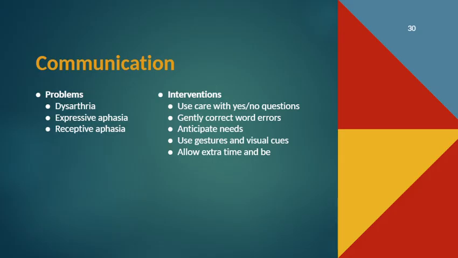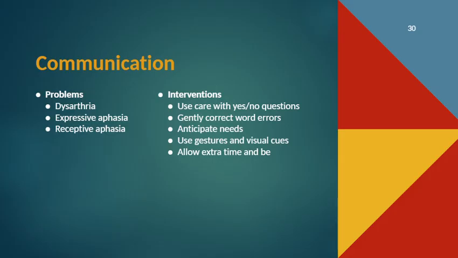Using care with yes/no questions is important because some patients will automatically say yes, even if they don't understand the question. For expressive aphasia, you may need to gently correct substituted words and offer cues without speaking for the patient. For receptive aphasia, we focus on simplifying our language, using short phrases, and supporting communication with gestures or pictures.